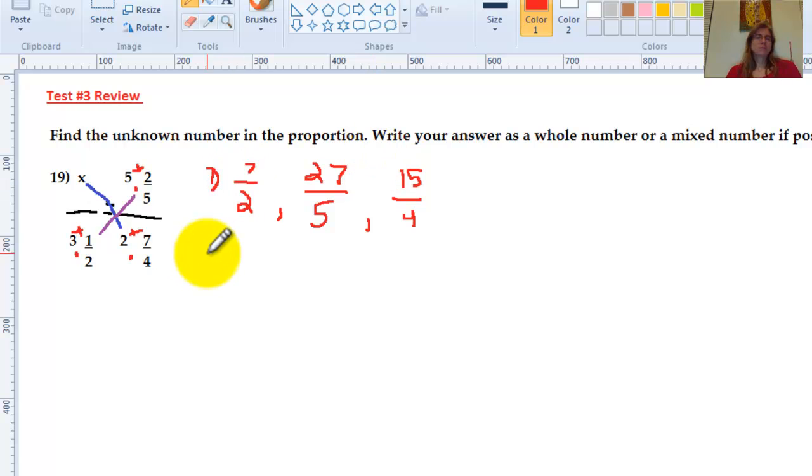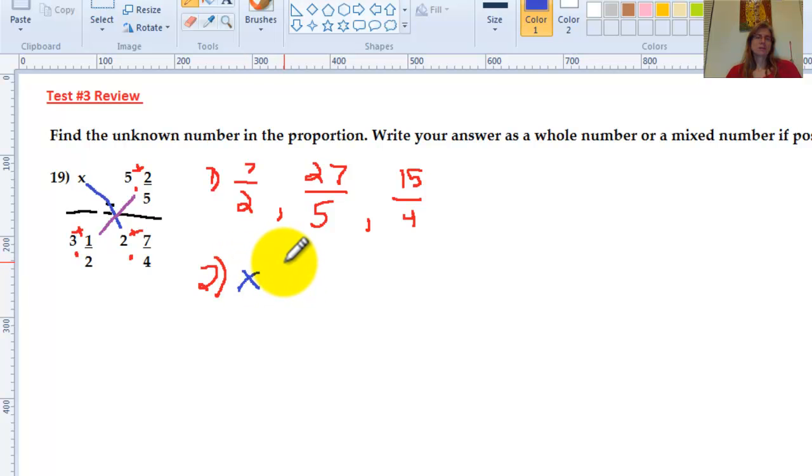So we're at step 2. I'm going to take x, and we'll do it in the blue color for this direction, x, and instead of saying times 2 and 7/4, I'm going to use this improper fraction that we created.